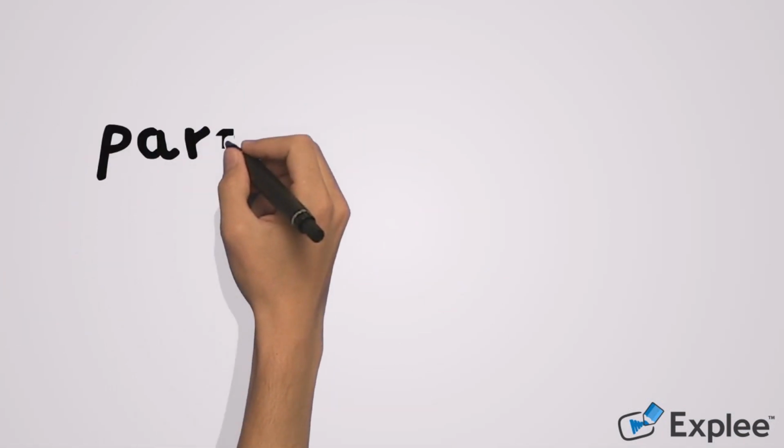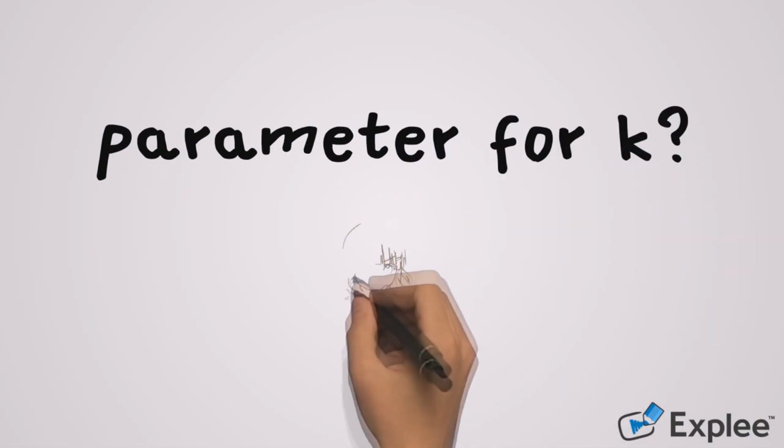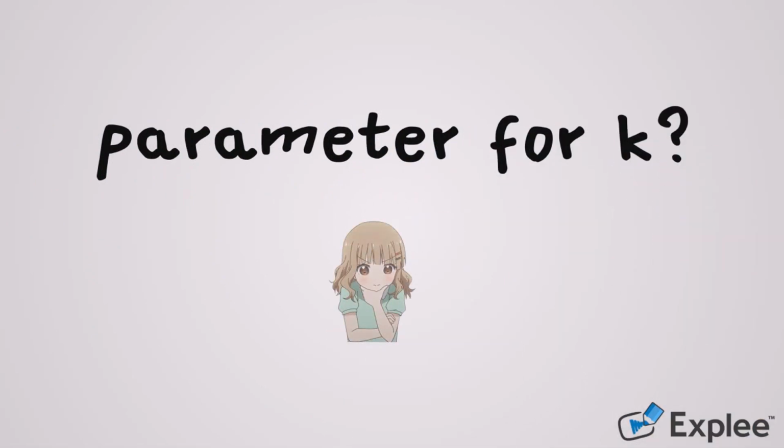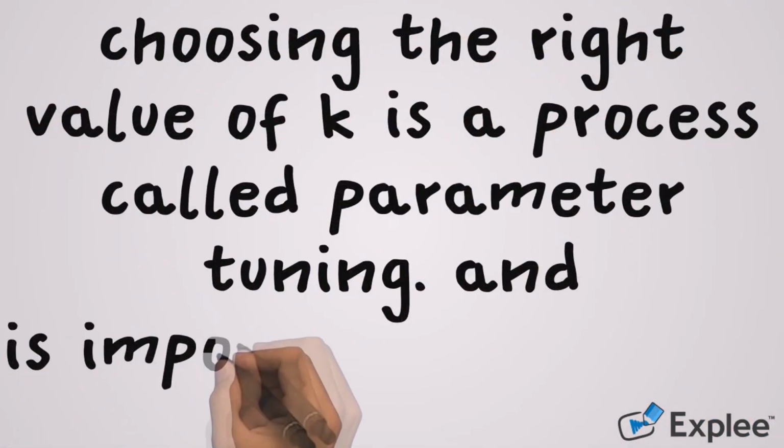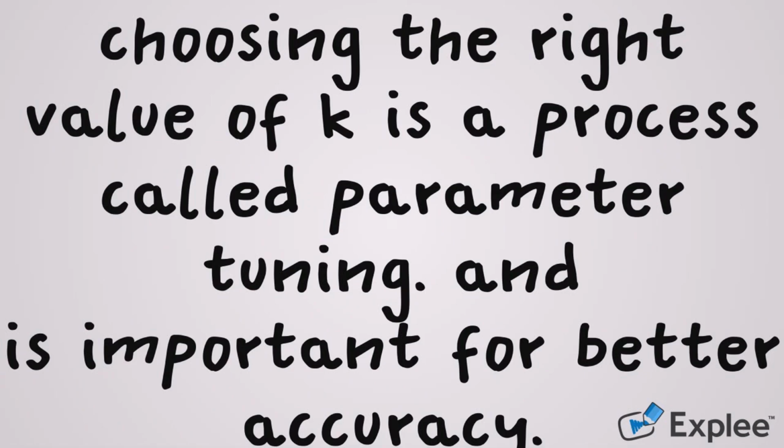Now, the question is, how do we choose the right parameter for k then? So again, the kNN algorithm is based on feature similarity. Choosing the right value of k is a process called parameter tuning, and is important for better accuracy.